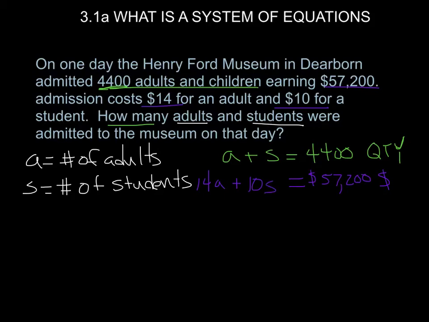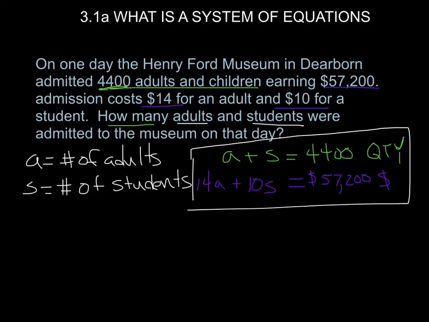So, for example, if I had one adult, it would be $14 of revenue. If I had two adults, it would be 2 times 14 is $28 of revenue, and the same for the students. One student's $10, two students are $20, and so on. So $14 times the number of adult tickets plus $10 times the number of student tickets should give me my final total.